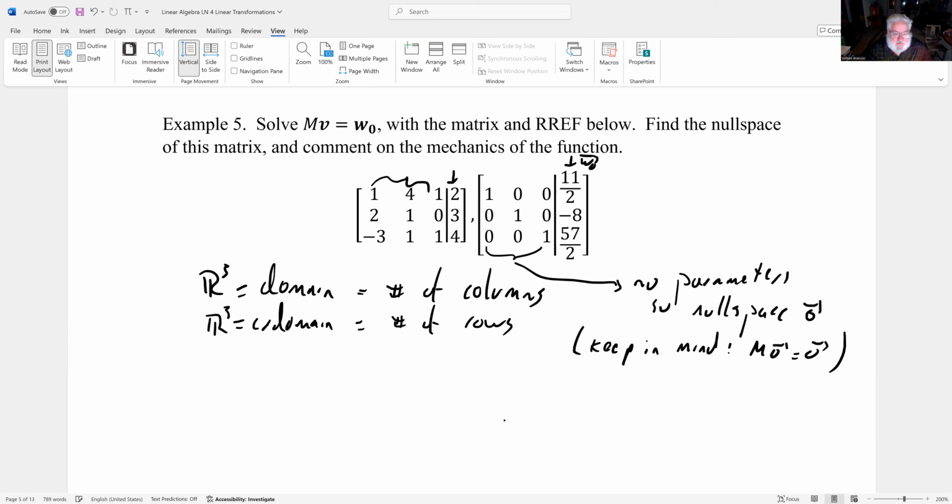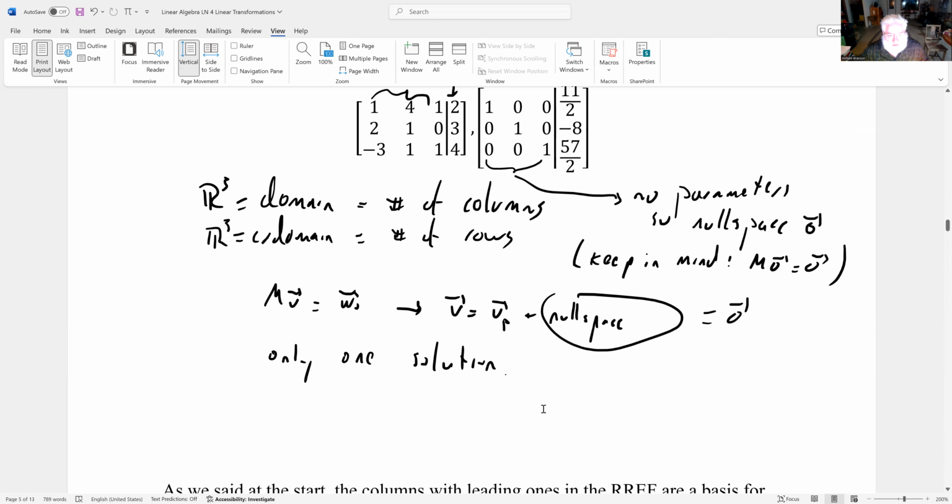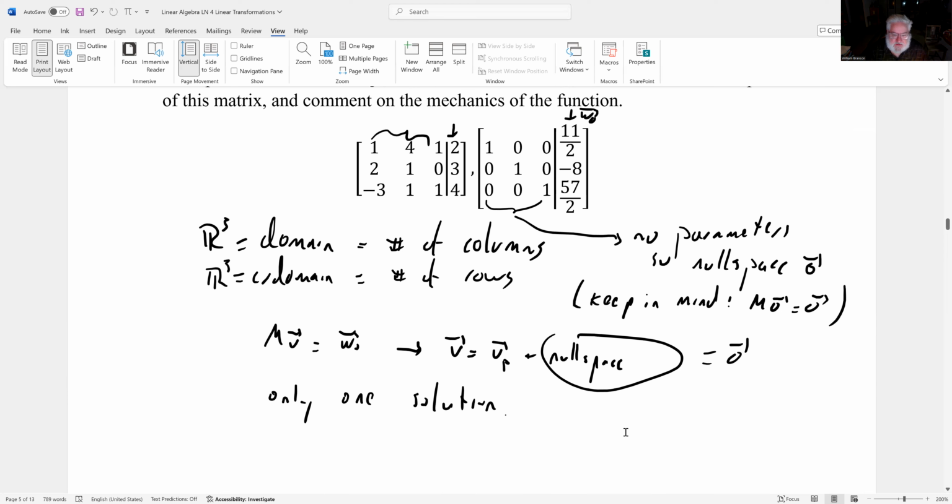And so what is W0 equal to? There's only one solution because the null space is 0. So if you can find a particular solution to this, then you've got the solution. And the solution is, oh, this is W0, my bad.